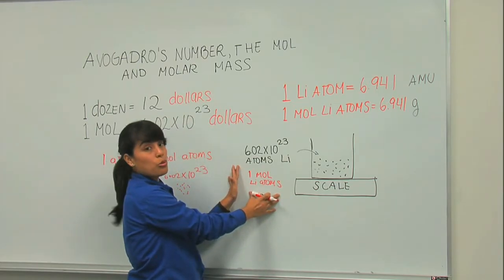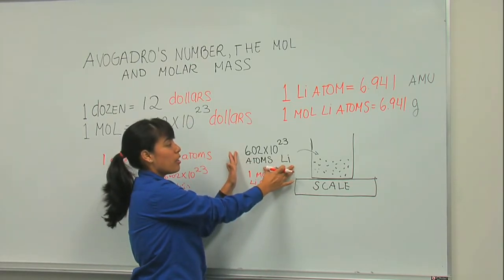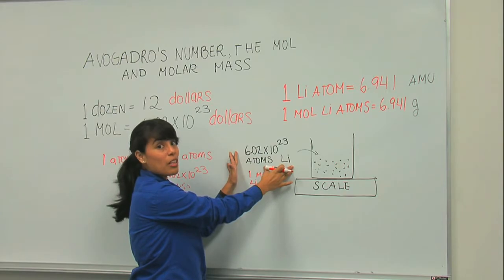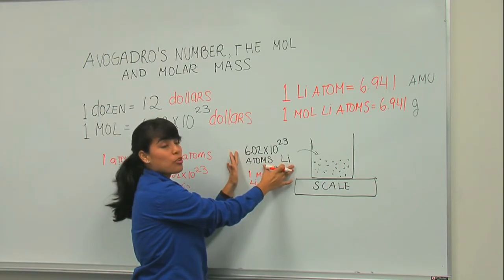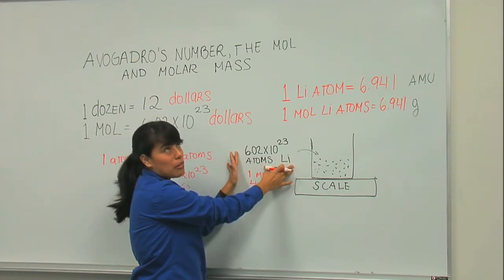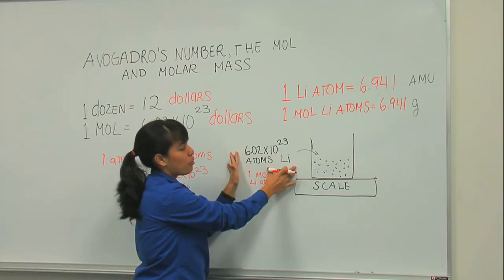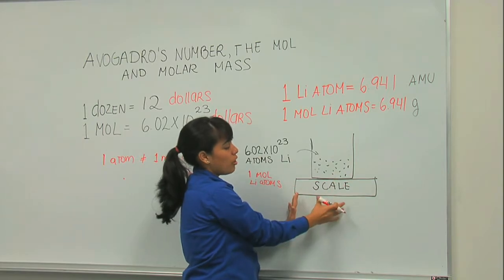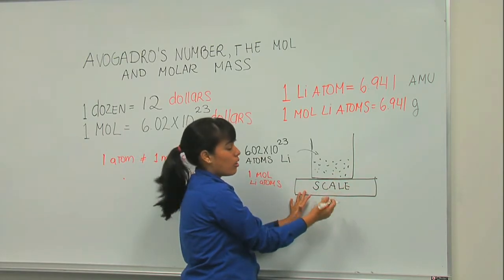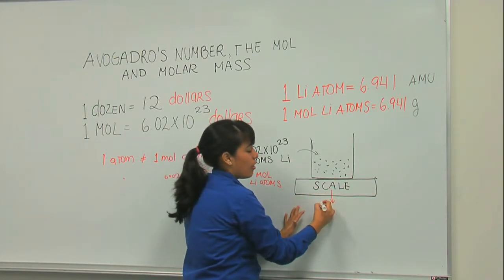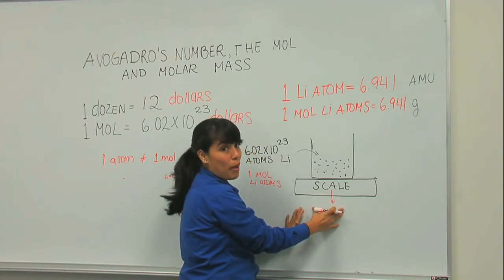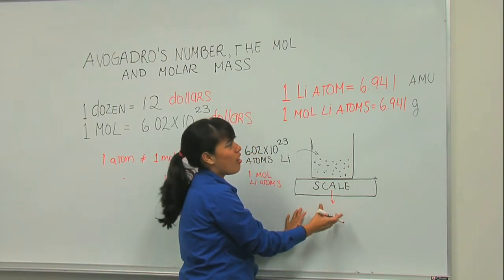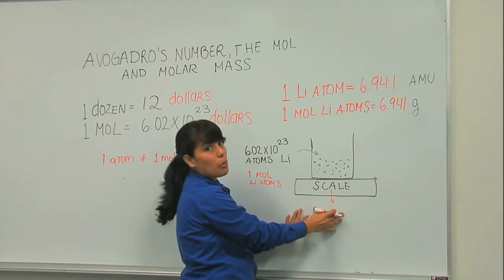I would need to go and find 6.02 times 10 to the 23 atoms of lithium, which would take me a lot of time. It's basically impossible. And I would need to put them in a container and put it on a scale. Whatever the reading is, that would be my molar mass.